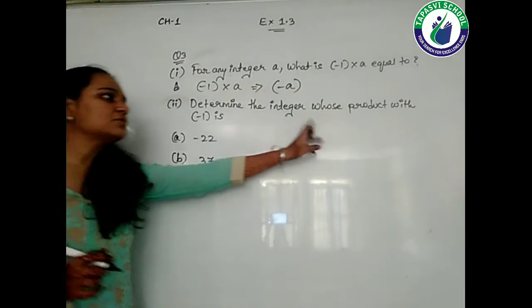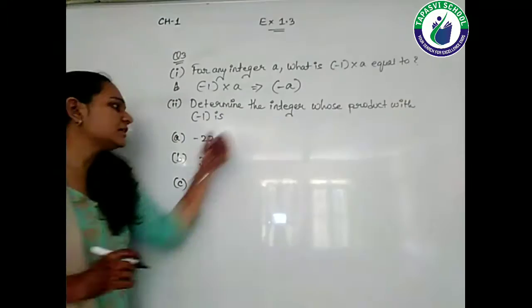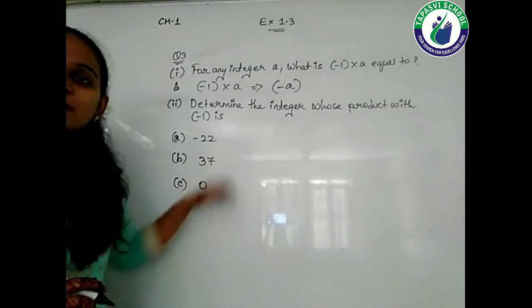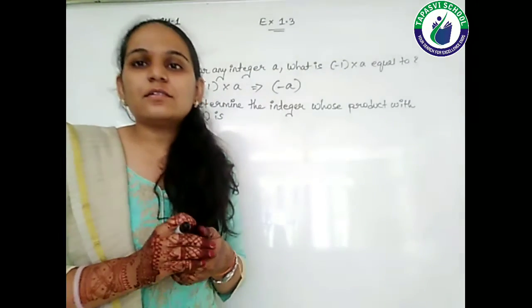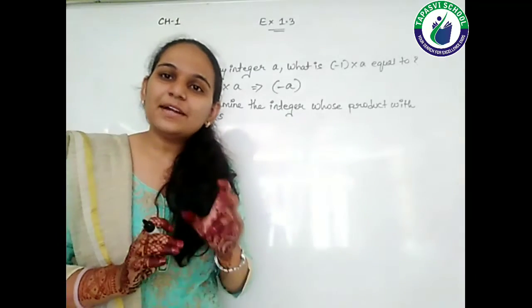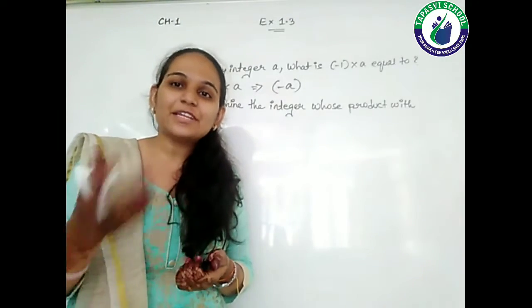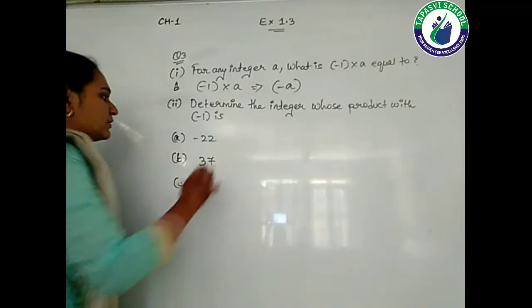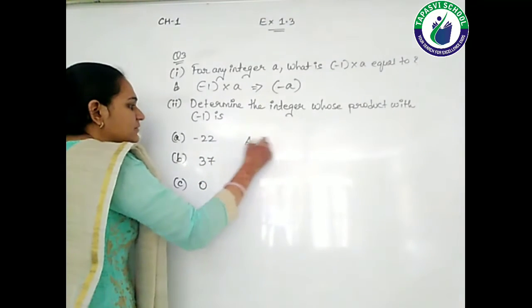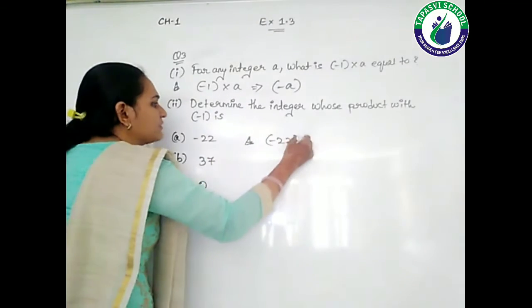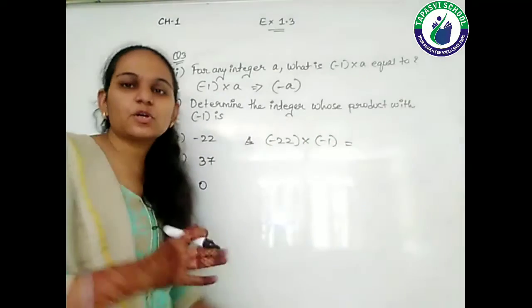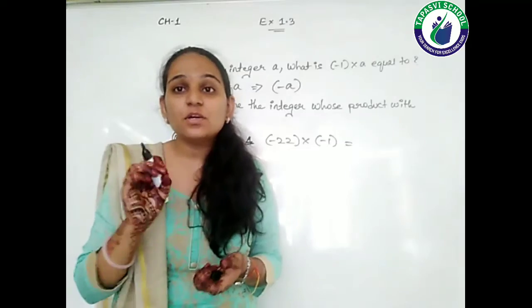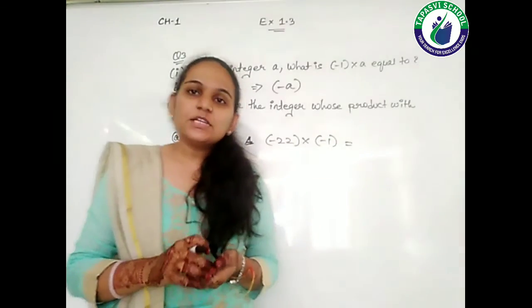Determine the integer whose product with minus 1 is. That means we have to multiply all these integers with the minus 1. The rule will remain same, but the answer will be having the negative sign. Okay. So minus 22. If you multiply with the minus 1, its sign will get changed. Right? Because if you are multiplying with the minus 1, the sign will automatically change.